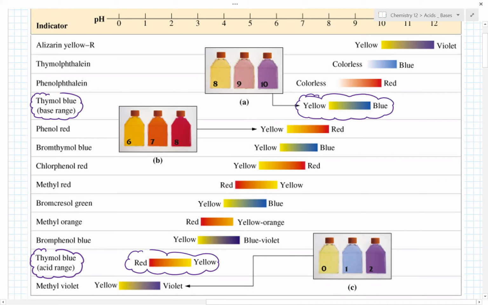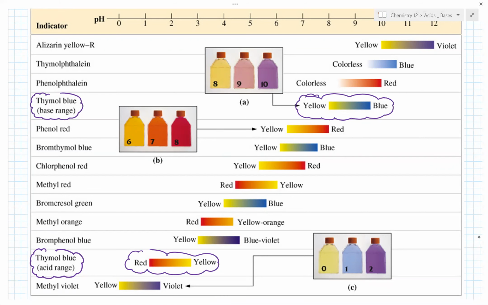Now, notice it says thymol blue base range and thymol blue acid range. For thymol blue acid range, it changes color at a pH less than 7, while thymol blue base range, it changes colors in the base range, at a pH of greater than 7.